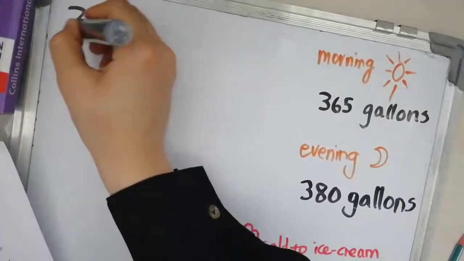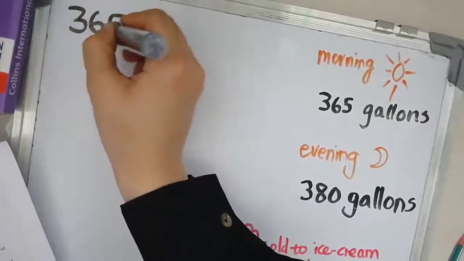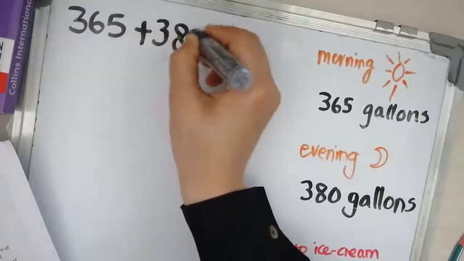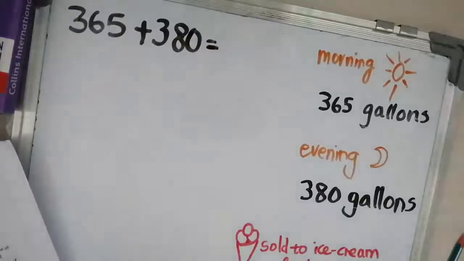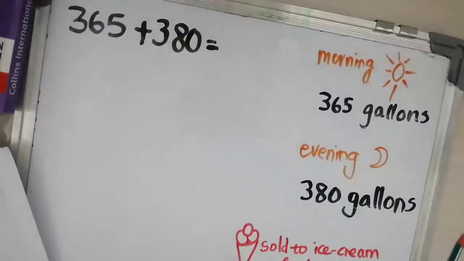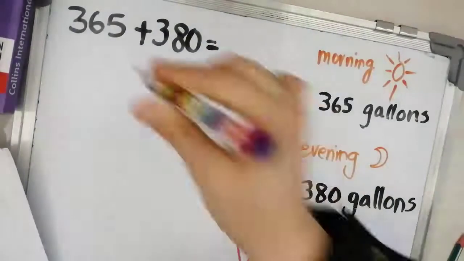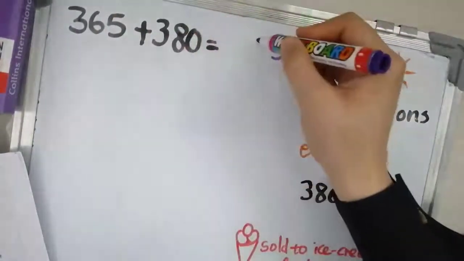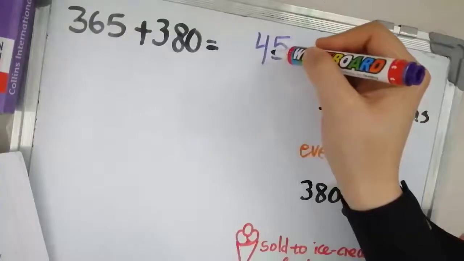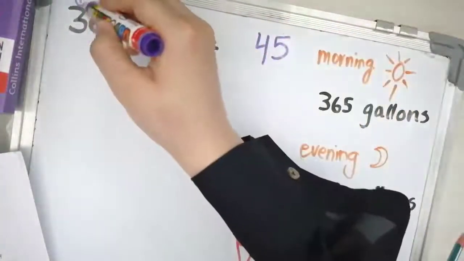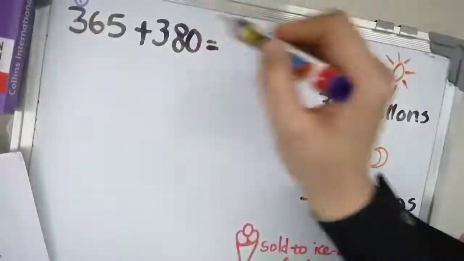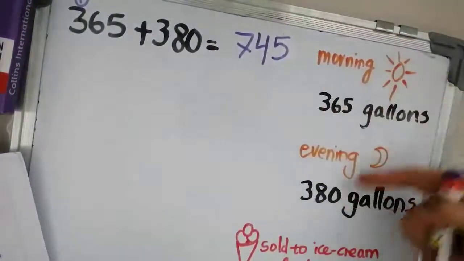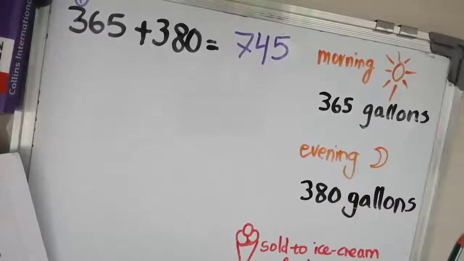So 365 plus 380. Okay? Now, I can add horizontally over here. 5 plus 0 is 5. 6 plus 8 is 14. Write 4 and carry 1. 3 plus 3 is 6 plus 1 is 7.